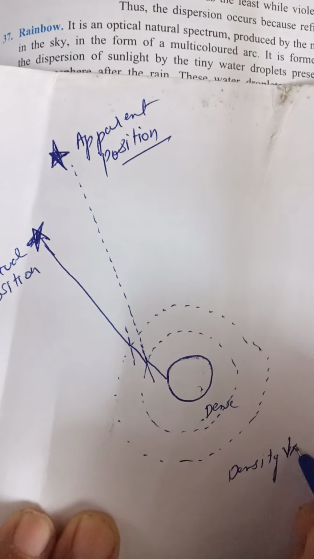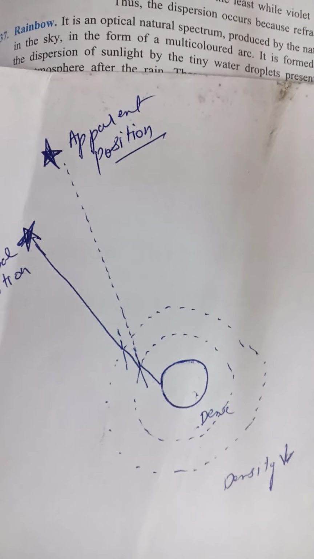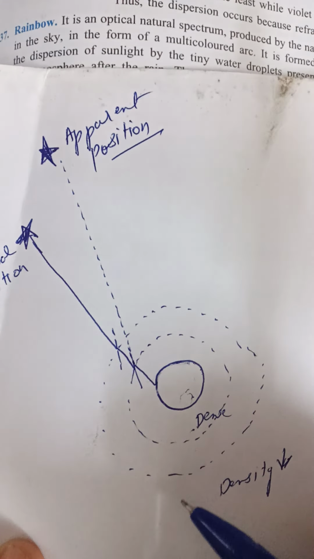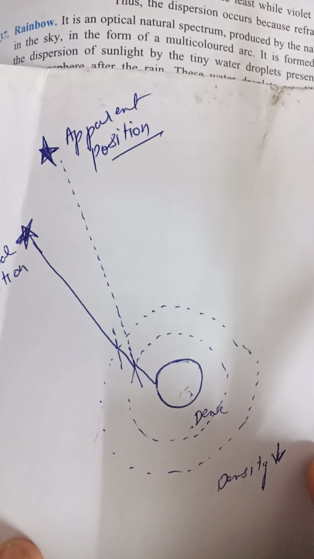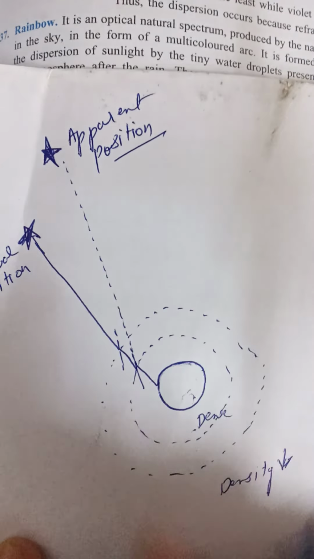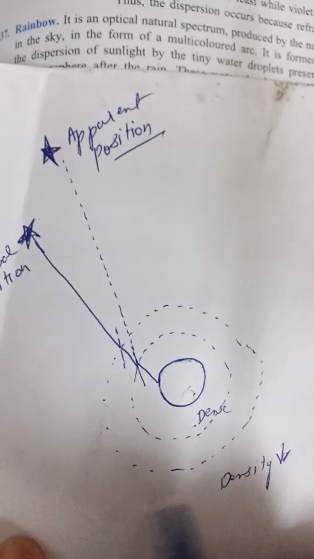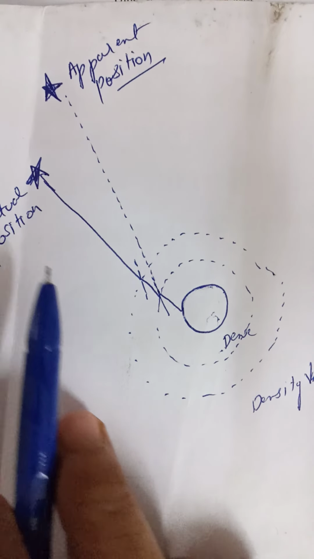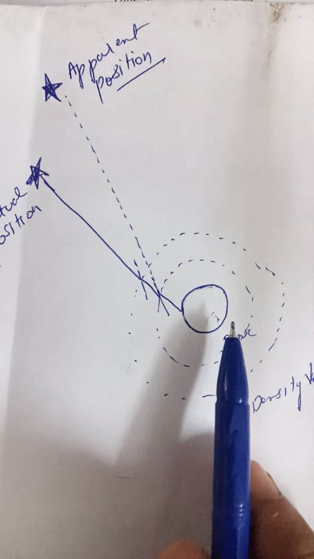So here the medium will be denser, and outside the medium will be rarer. So the starlight is traveling from the rarer medium to the denser medium.